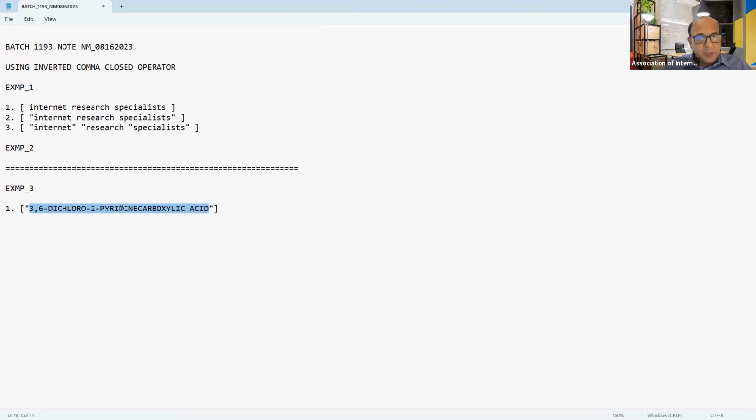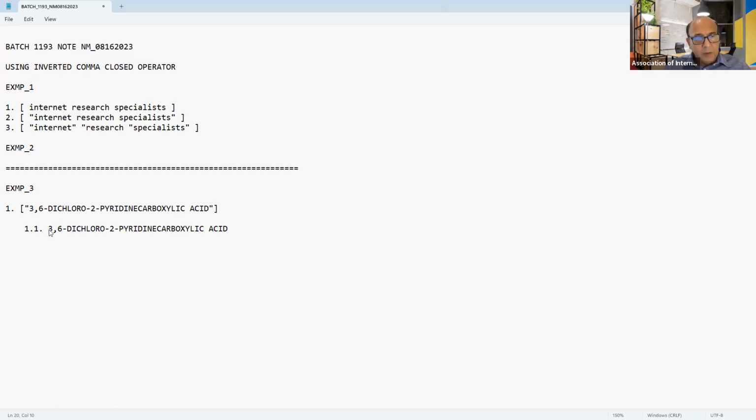It's got a name, pyridine carboxylic, and then there is a gap and it says acid after. So basically, if I want to dissect it a little bit to see the breakdown of the number of words, how we can tell or separate them into two different words, taking the quotation marks off for now, I'm calling it 1.1.